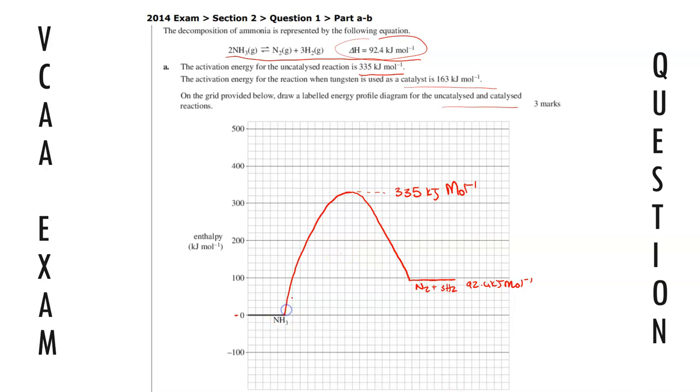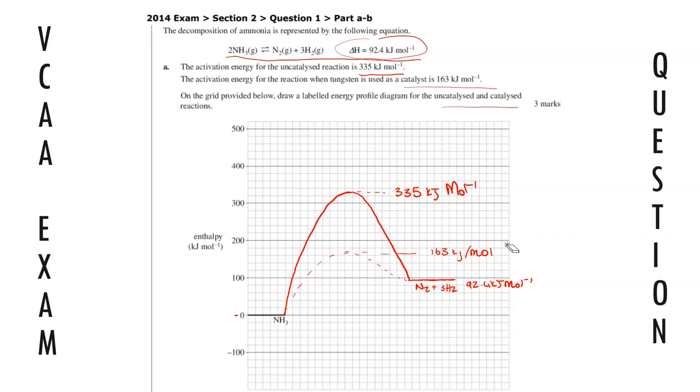So now we can bring our catalyzed reaction, and it will have the same delta H value because delta H won't change. So the catalyzed reaction will have an activation energy of 163 kilojoules per mole. Okay, so that there gives us the answer.